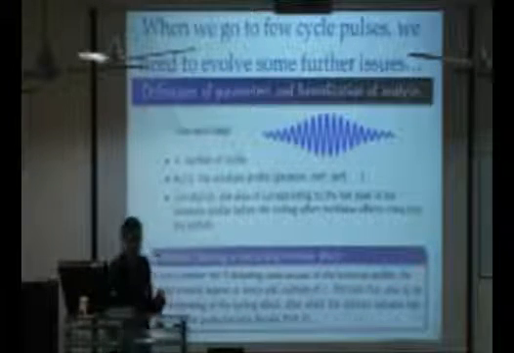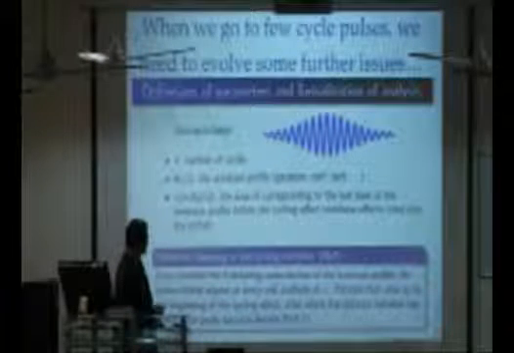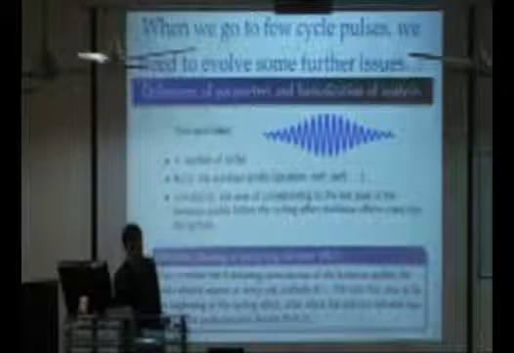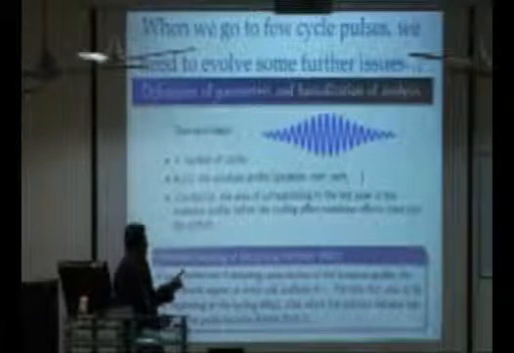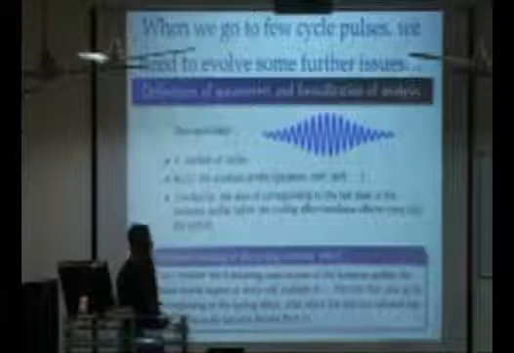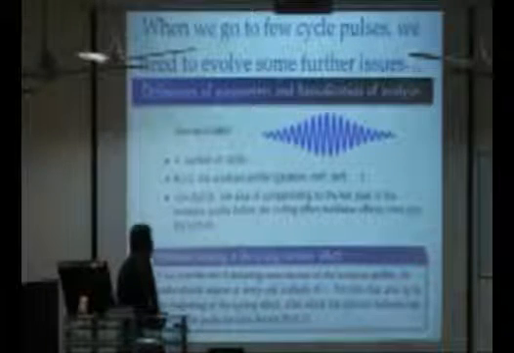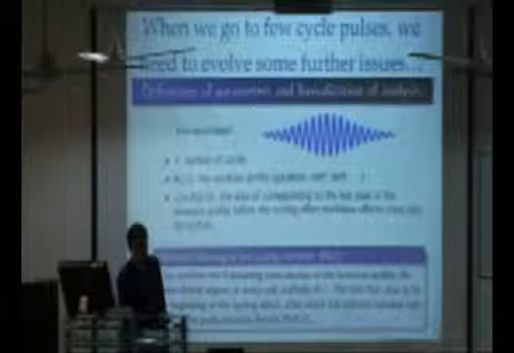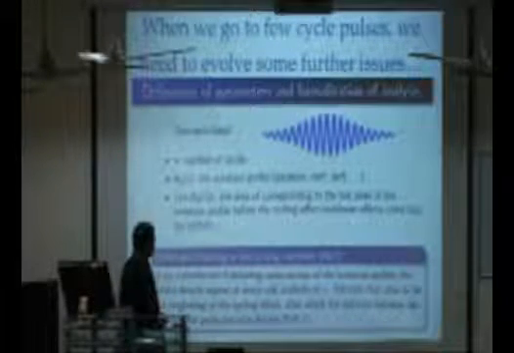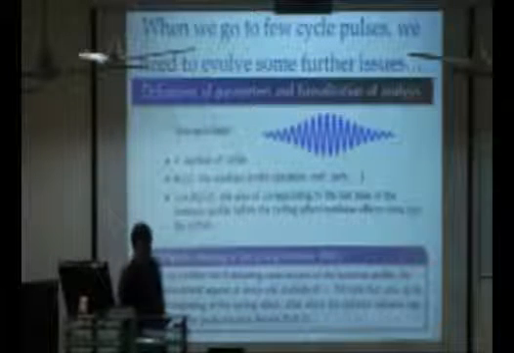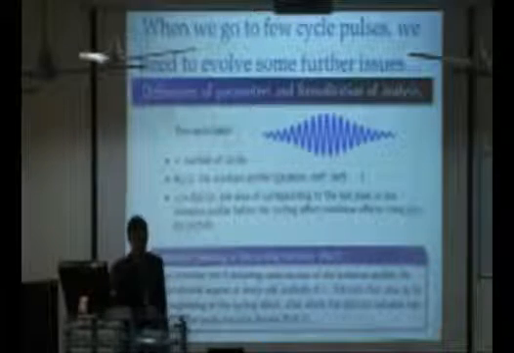So within that definition, you would at least have to have one oscillation sustaining within the pulse. And as you compare the wavelength versus the width of the pulse, you will find that for infrared regions, for few femtosecond pulses, you are already in the region where oscillations are important. You cannot just ignore them.